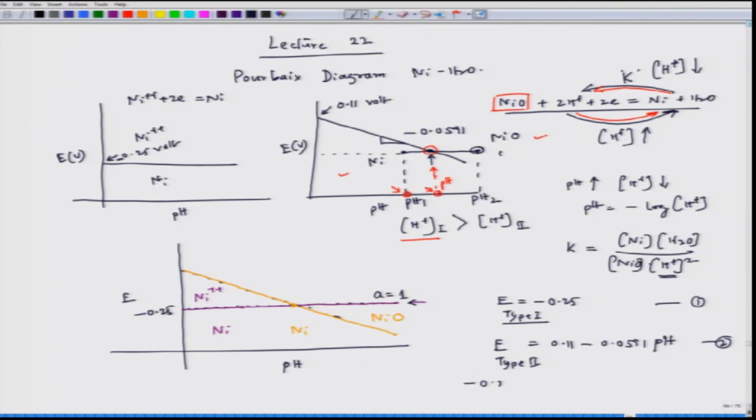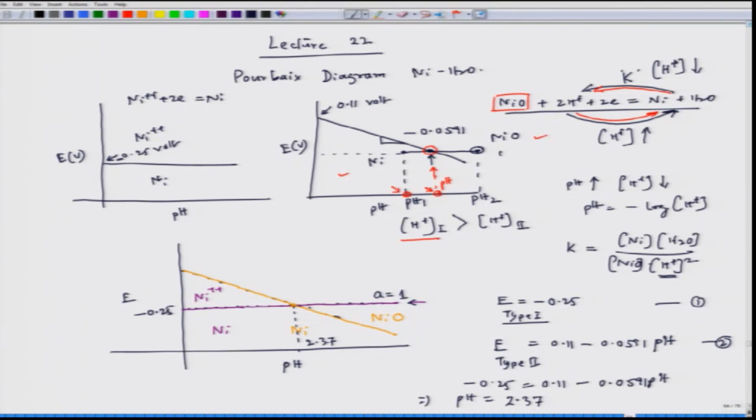So, minus 2.5 equal to 0.11 minus 0.0591 pH. So, we get pH is equal to 2.37.